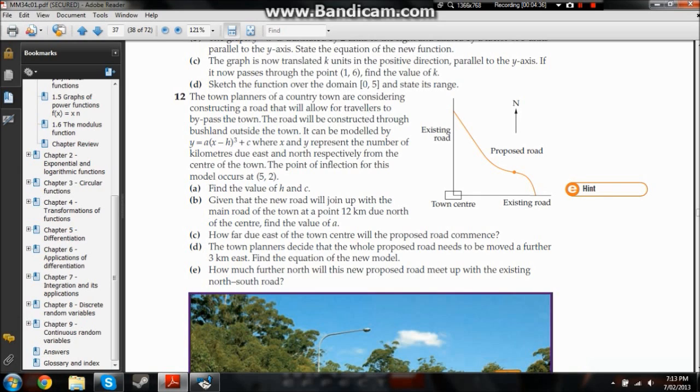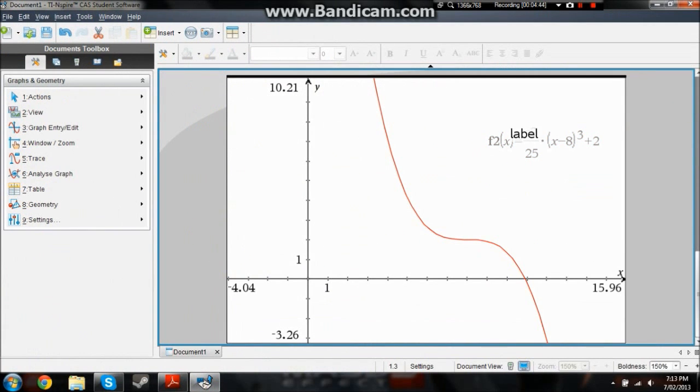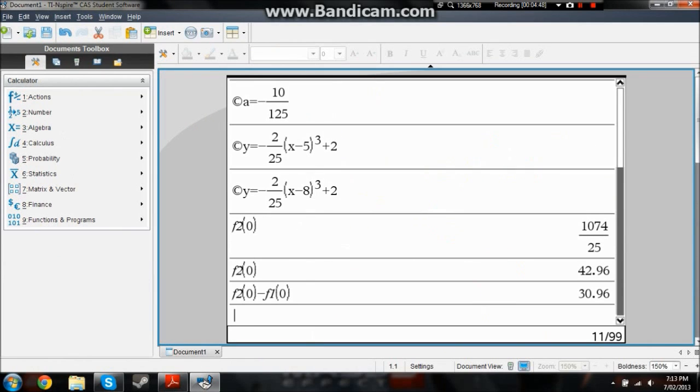So what it's asking is what is the y-intercept of the new road. So basically we can graph it again. I have done that. Putting this in here also defines it as f2. So I used f2, and then I want the y-intercept, so you make x 0, and you come up with 42.96.